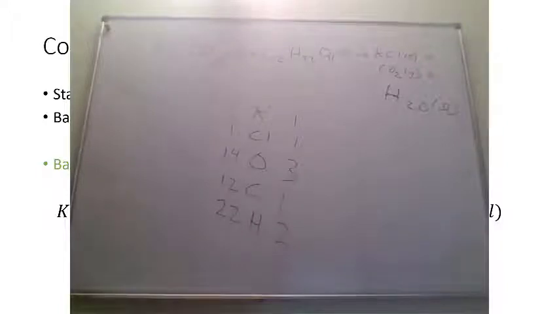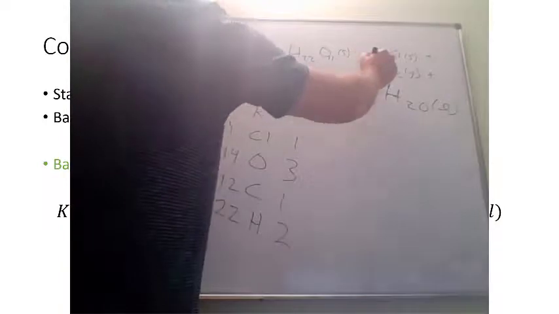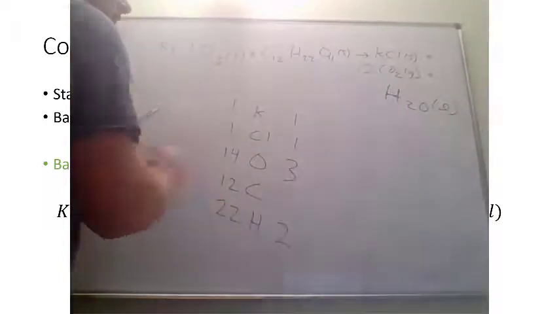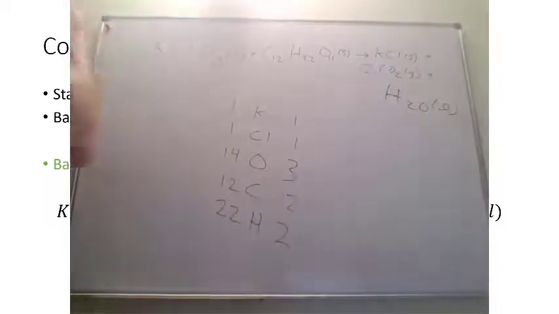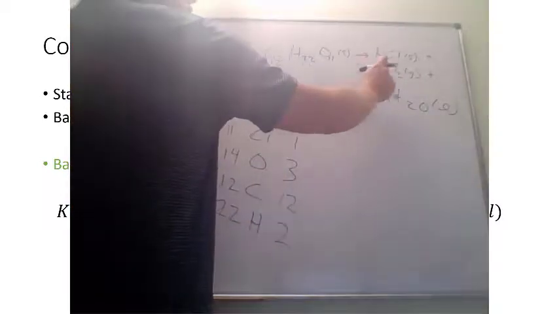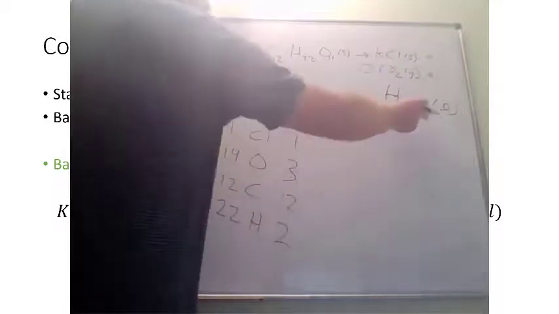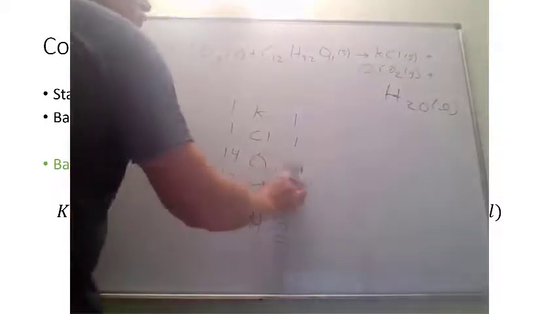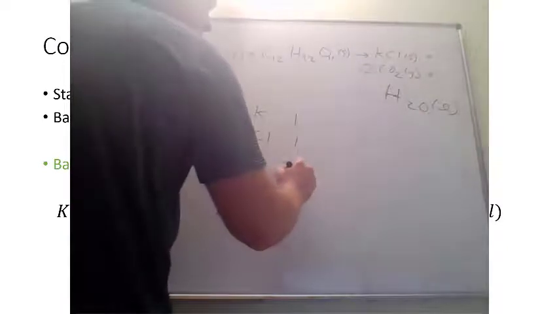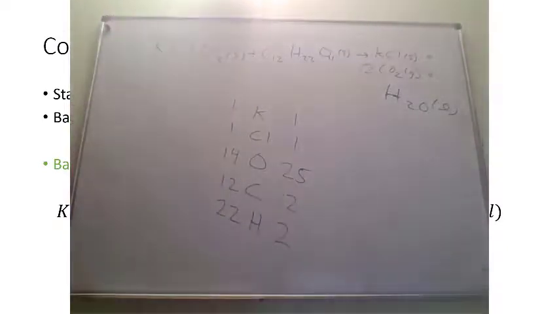Okay, so let's start off by first balancing our number of carbons. So we can see here that we have 12 carbons on the reactants and only 1 carbon on our products. So if we add a 12 here as our coefficient, we can see 12 times 1 will give us 12 carbons. And for our oxygens, 12 times 2 gives us 24 plus 1 gives us 25 oxygens. Okay, and so now our carbons are balanced.